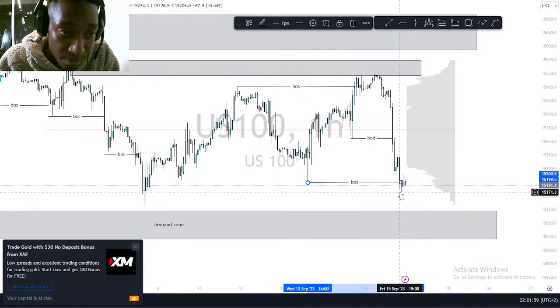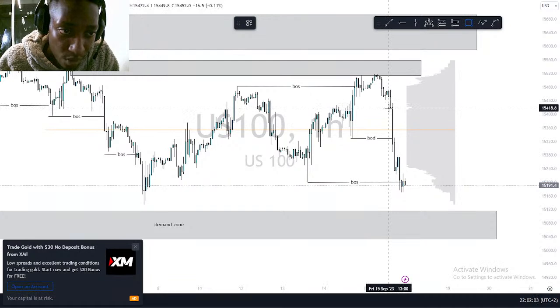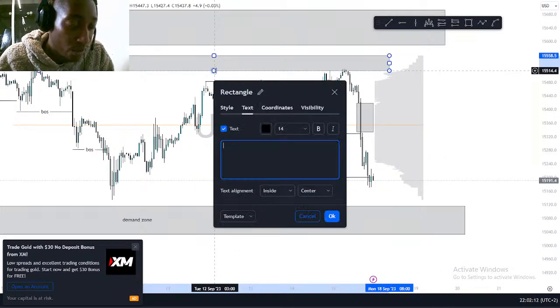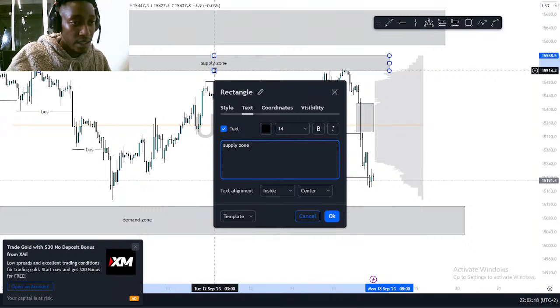We are expecting the market to push to the upside. So we have a fair value gap here just for extra confirmation. Whenever the market gives you a long candlestick that's not filled, that's a fair value gap.